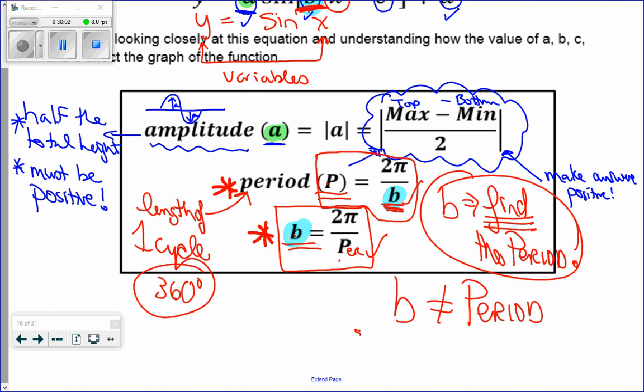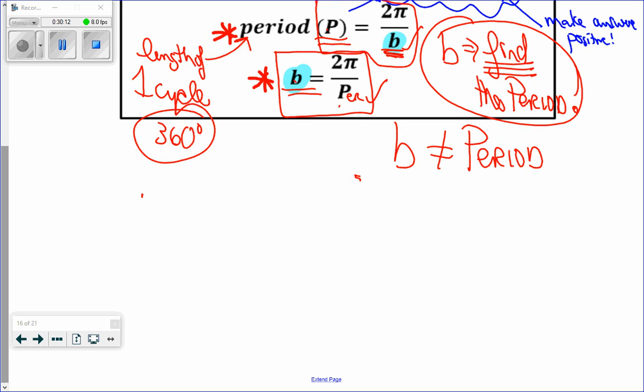Okay? It's going to feel weird to you. This is theory for the sake of theory. Let me put it to you in degrees, just briefly. Let's say I give you an equation where b equals 2. Okay? 2 pi is the same as what degree number? 2 pi is the same as 360.